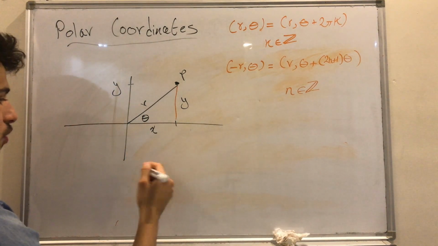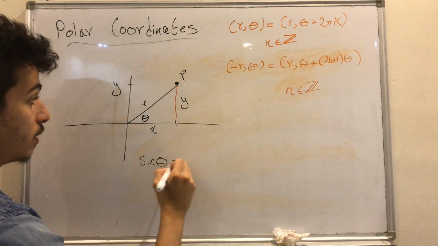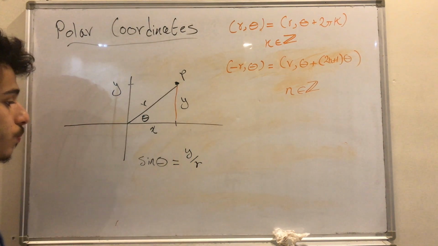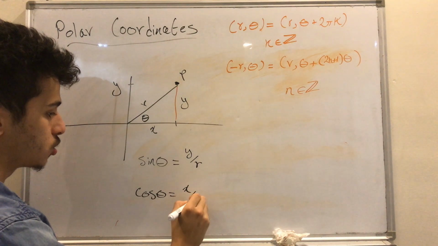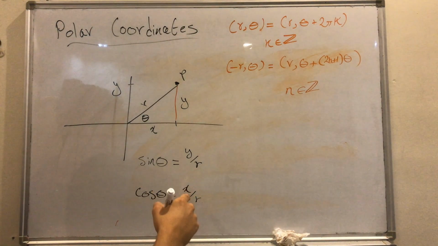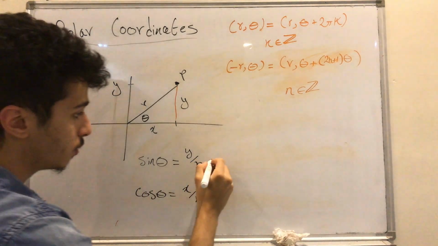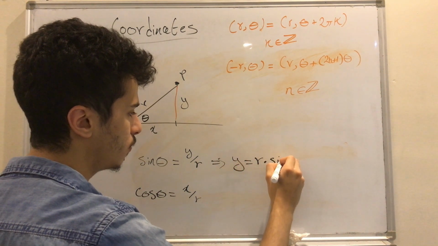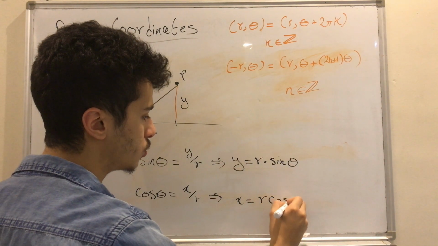So we could take, for example, the sine of θ. The sine of our angle θ will give us opposite over hypotenuse, which is y over r. And the cosine of θ, adjacent over hypotenuse, which is x over r. You can rewrite both of them, solving for y and x respectively. We'll have here y is r multiplied by sin θ, and x is equal to r cos θ.